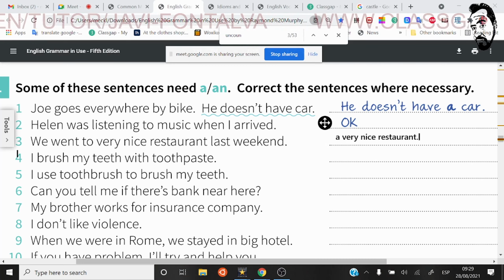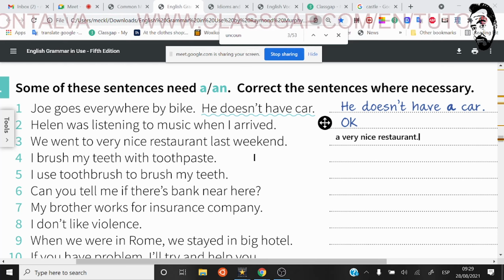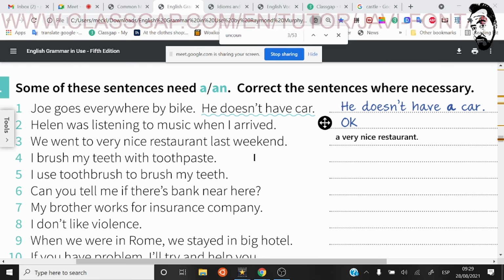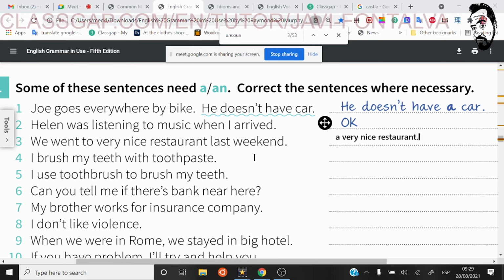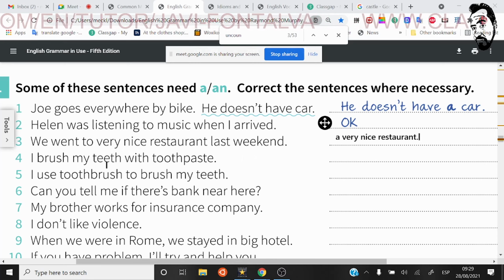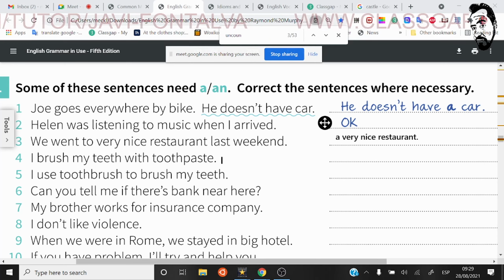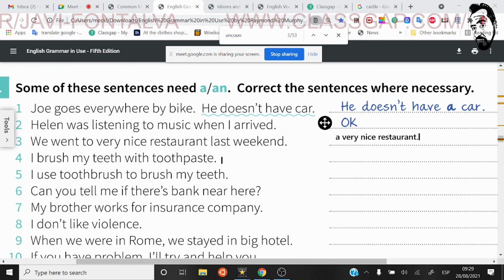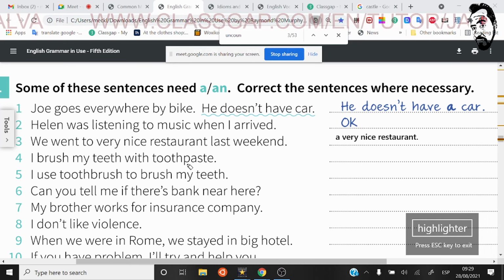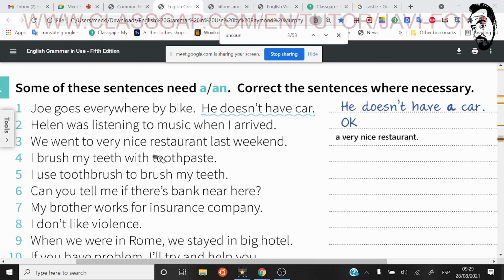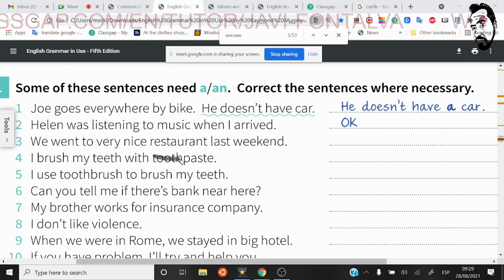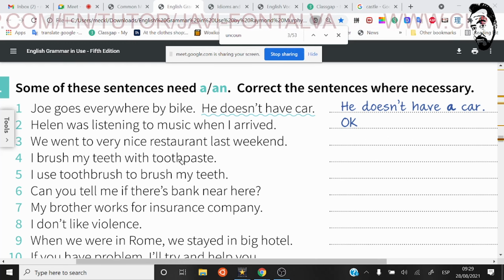I brush my teeth with a toothpaste. First of all, is it okay or not okay? It's not okay. Actually, no problem here. Toothpaste is uncountable, so you don't need to say a toothpaste.